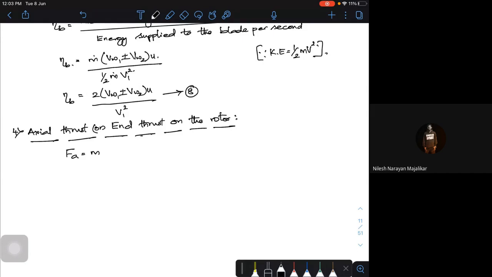M dot into the change in velocity. We know that the mass flow rate, m dot, into the velocity change in the axial direction.